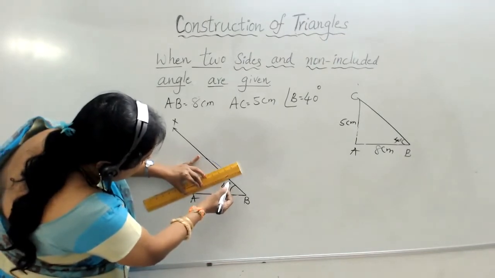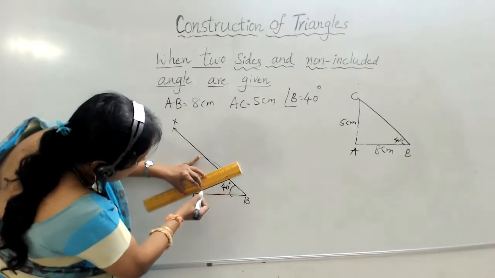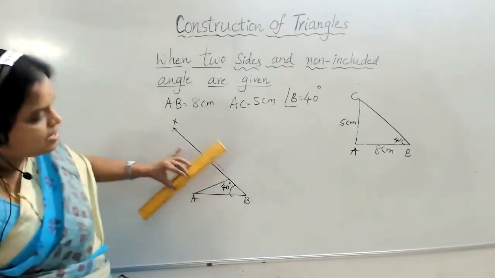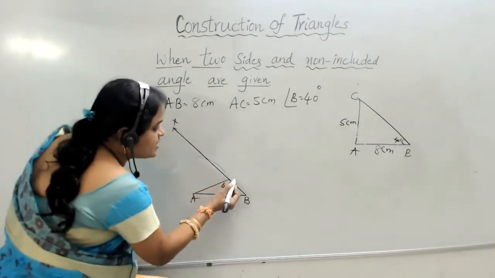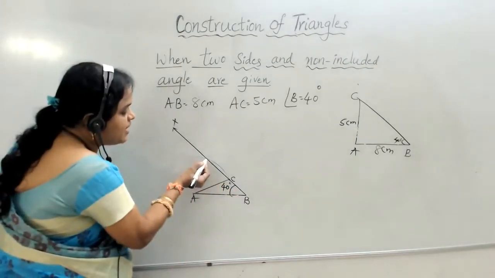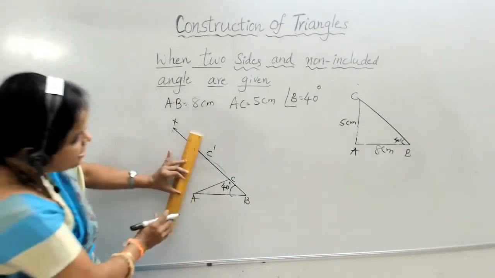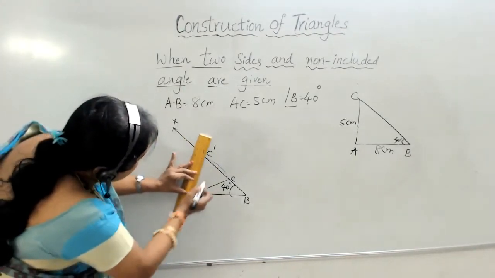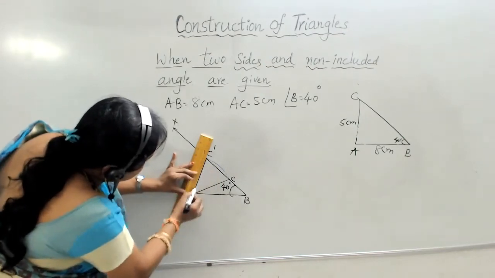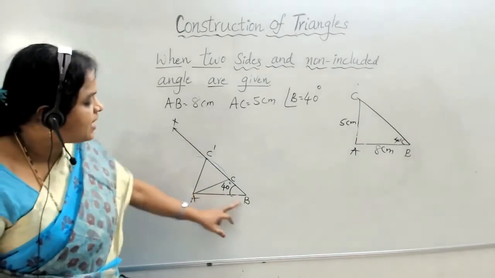Draw an arc such that it cuts at two points. Because it is a non-included angle, you will get this. Name the first point C, and the arc also cuts the BX ray at another point, which is C dash. Now join these two points to A like this, so you will get another triangle ABC dash.